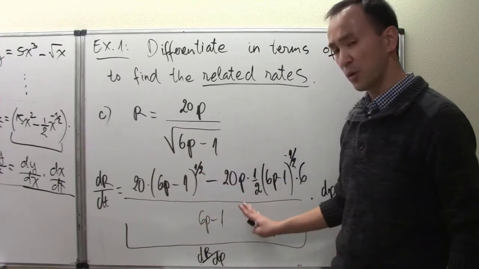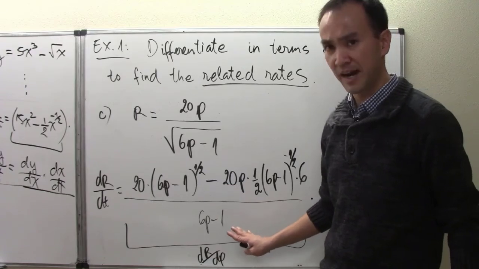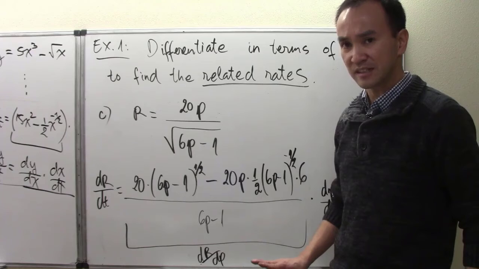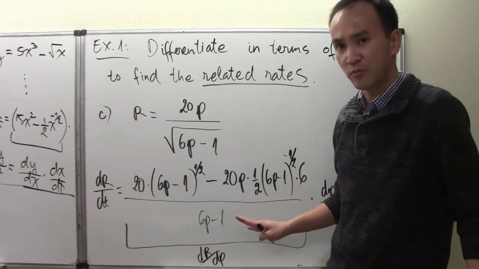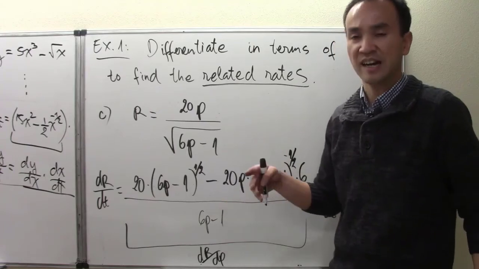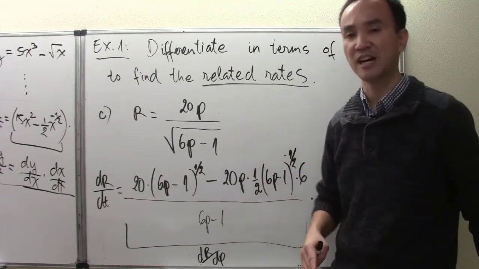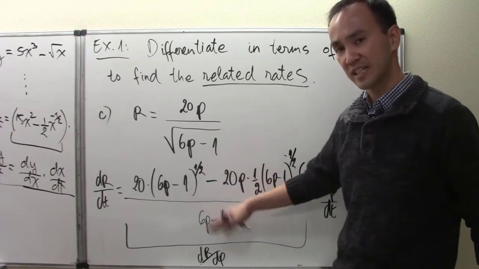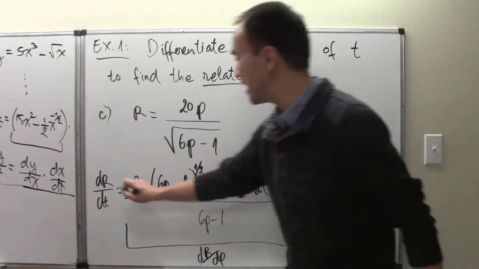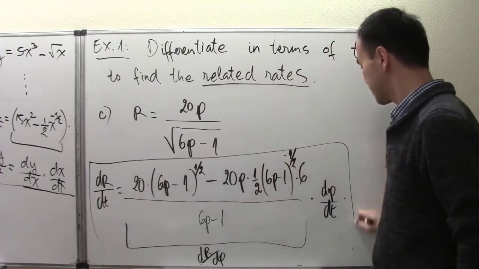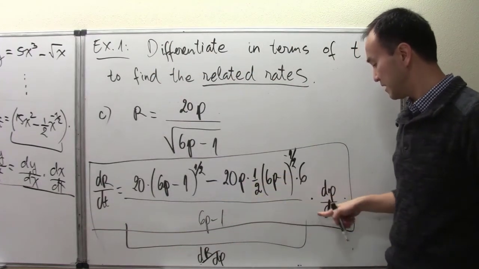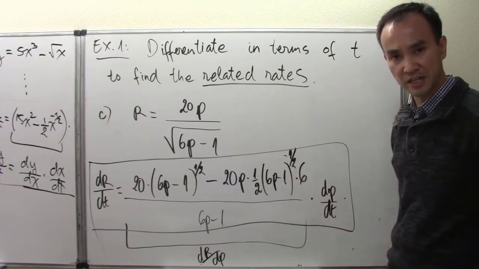Here I just want to focus on the concept behind the scenes. Even for my students, I'm not guaranteeing I will always leave out simplification. There will be times where I ask you to simplify, and other times where I ask you to leave the expression the way it is. But that's how we have found the related rates: that's the dr dp multiplied with the dp dt right here.